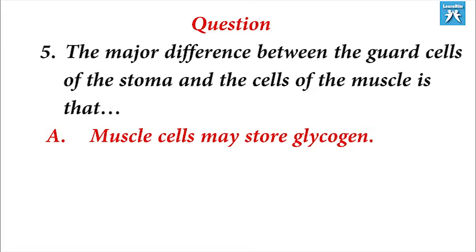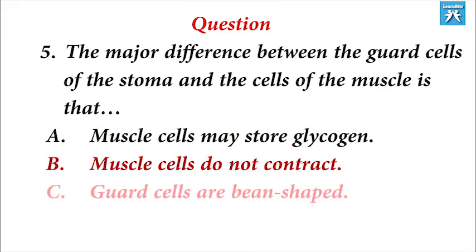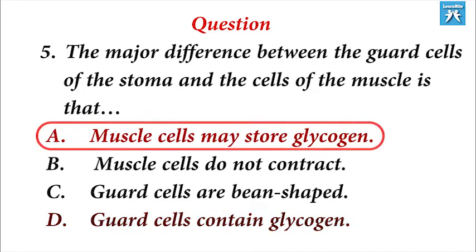It's true. B, muscle cells do not contract. It's not true. C, guard cells are bean-shaped. They are bean-shaped, all right. But it's not our business here. It has nothing to do with difference between plant and animal cells. D, guard cells contain glycogen. So the answer is A.